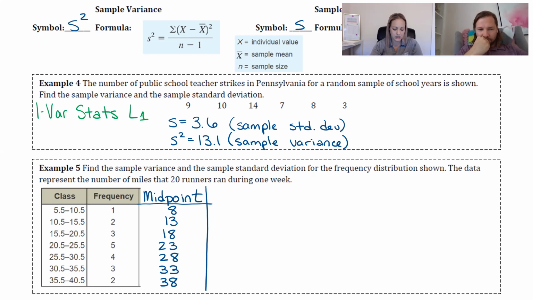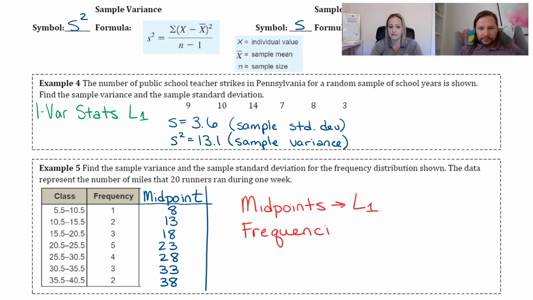Then what you can do is put your midpoints into L1 and your frequencies into L2. Frequencies always go into the second list. And then you're just going to do one variable statistics, L1, comma, L2. And then look for the sample variance or sample standard deviation.